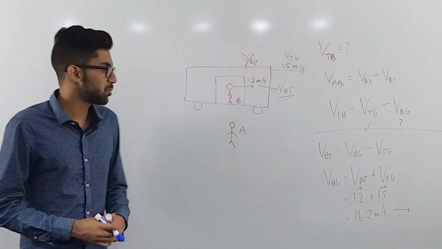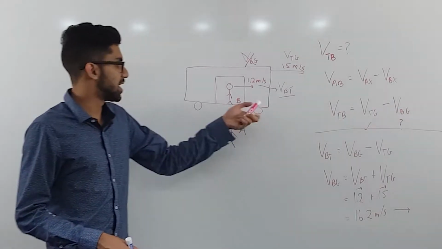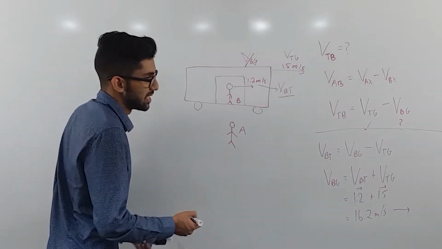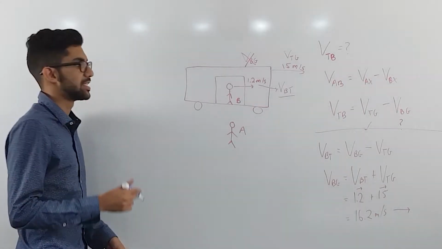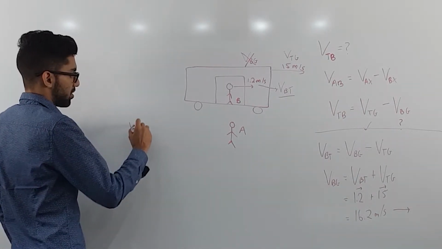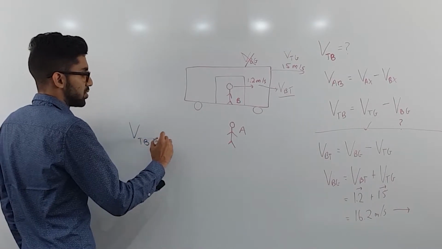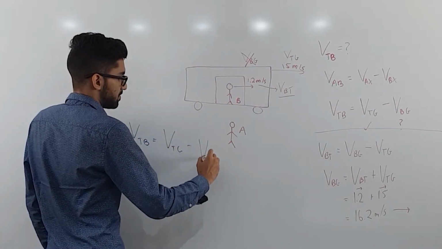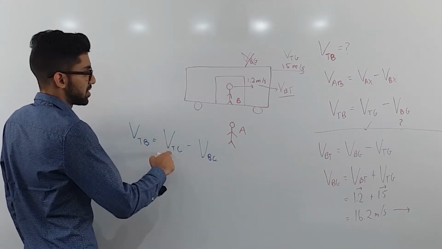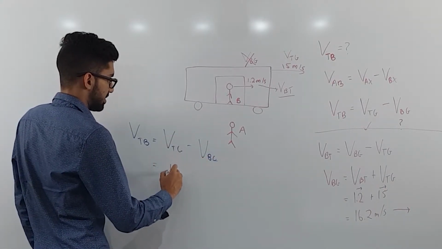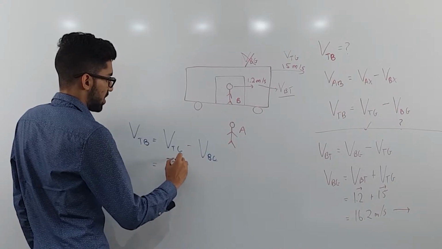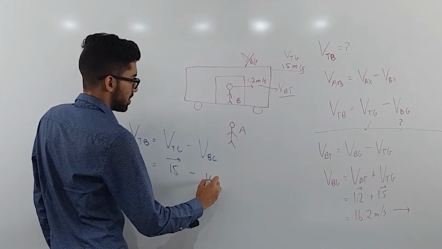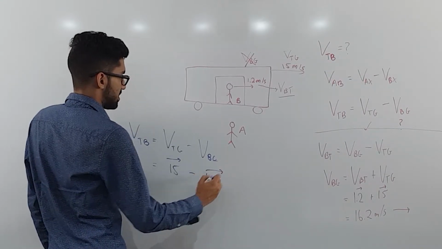All right, now that we have VBG, we can plug it into our original equation to find VTB, the velocity of the train relative to person B. So VTB is equal to VTG minus VBG. We have our velocity of the train relative to the ground as 15 meters per second to the right, minus 16.2 meters per second to the right.